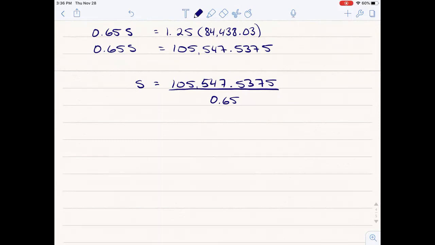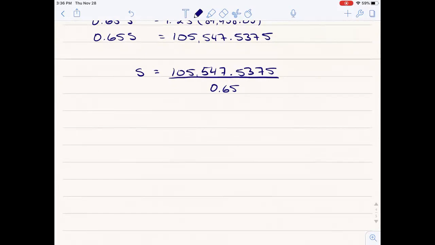And so keeping all your decimal places, it's not going to feel as much of a burden anymore. So then S is 162,380.8269. So in terms of money, our selling price is 162,380.83.